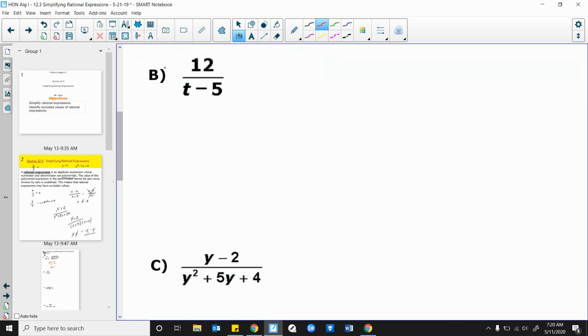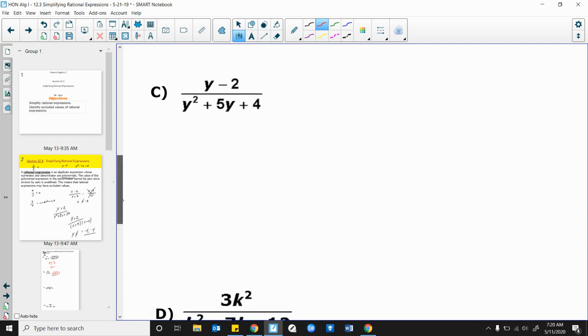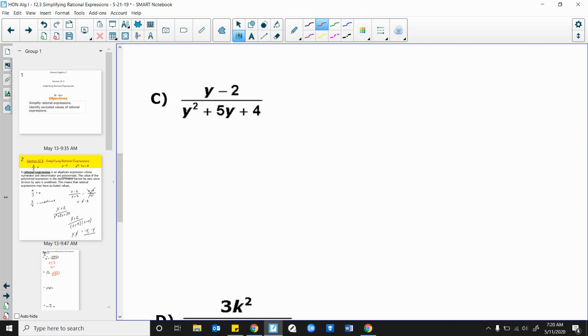Same thing here. I'm hoping you can just look at that and say t cannot be 5. Here we actually have to factor this. So what multiplies to get me 4 and adds to get me 5?